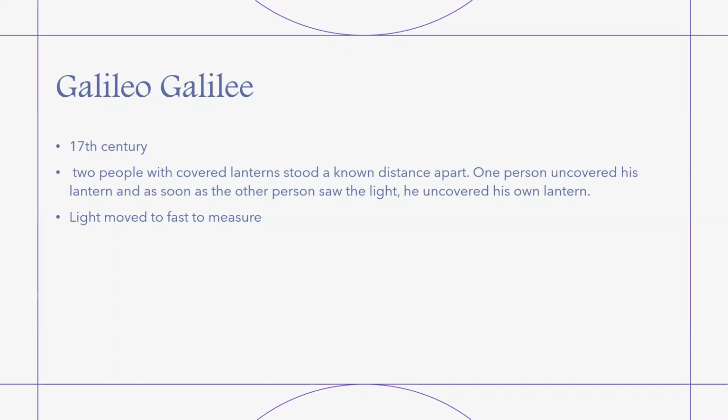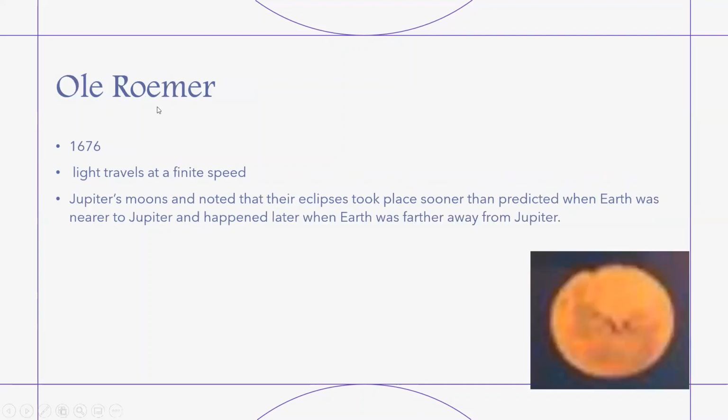However, it did mark the first time people no longer thought of the speed of light as being spontaneous or instant. From here, the speed of light was determined to be finite, as it was noted that there was a difference in the time it took one of the moons of Jupiter to orbit.